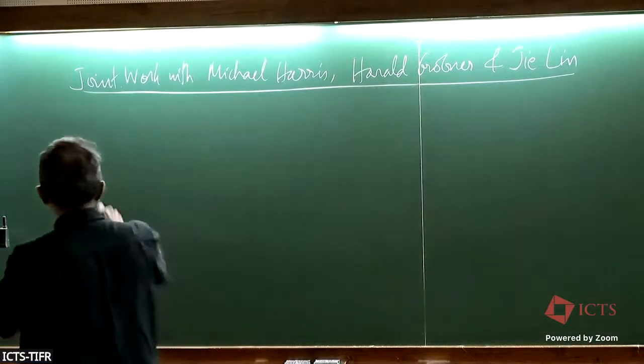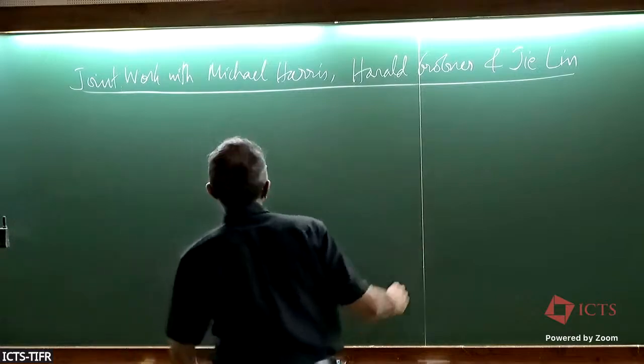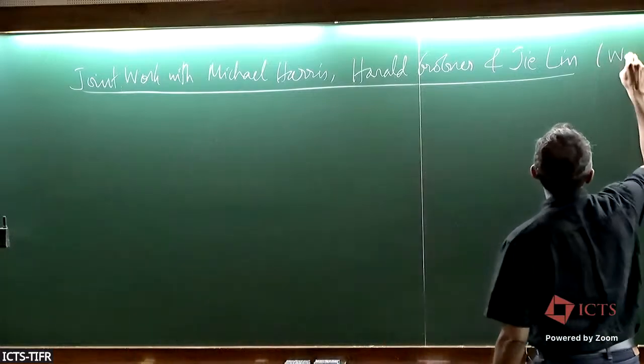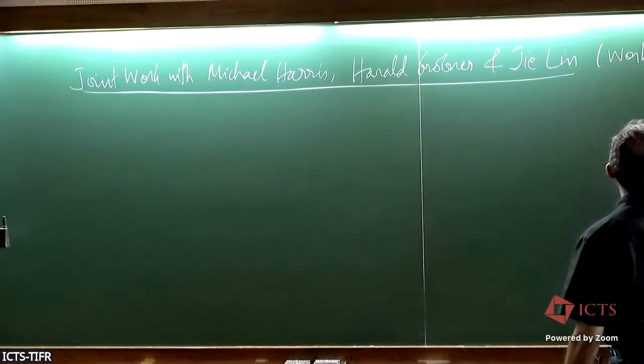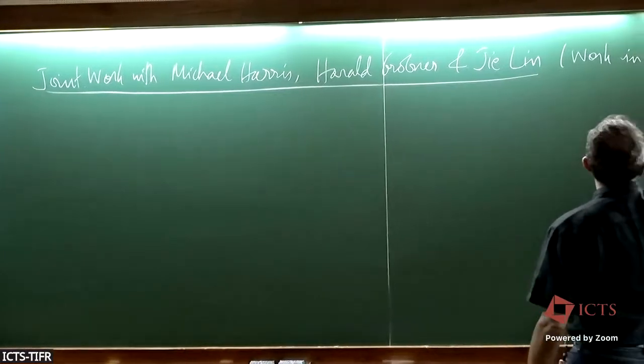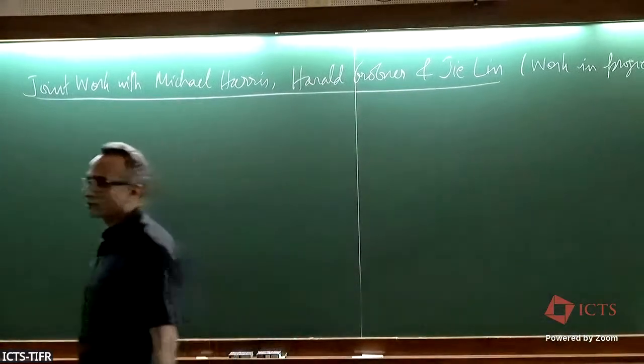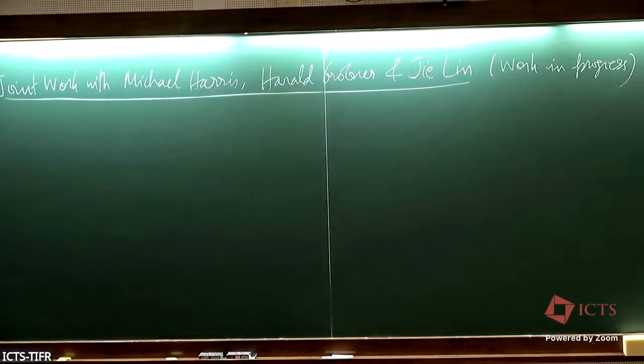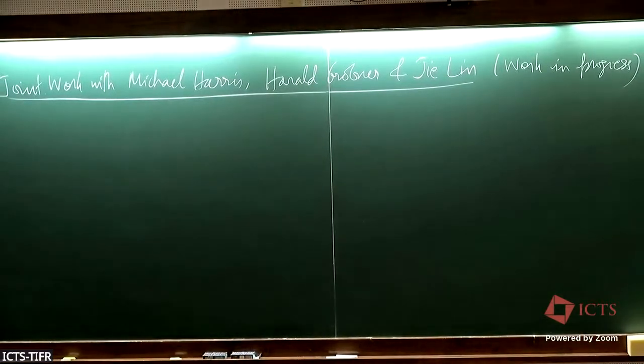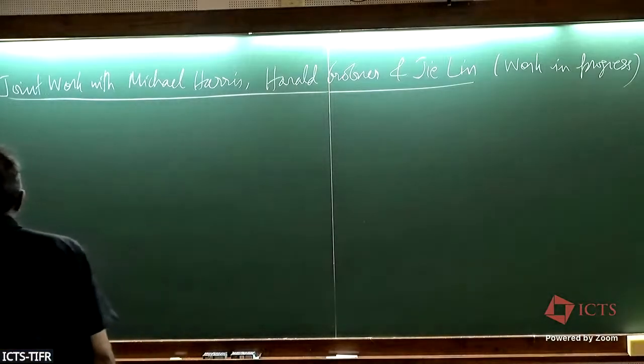Two theorems. Everything I say is work in progress. It's still getting written up. Hopefully, by the end of the summer, we should have a manuscript. So this is just an exposition of some ideas which seem robust enough to prove new cases of Deligne's conjecture.